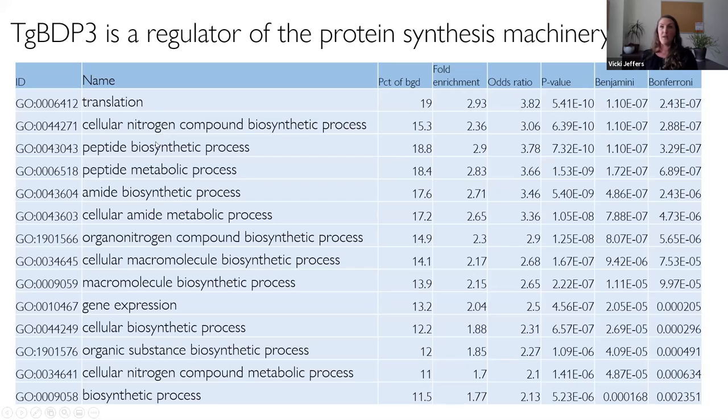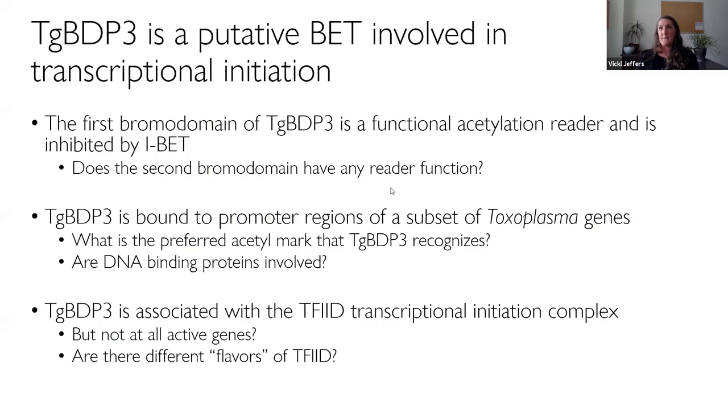But when we did GO analysis of this group of genes, we found really strong enrichment of translational proteins, and in particular ribosomal proteins. So maybe this segues very nicely into the next talk, I'm not sure, but it looks like BDP3 is a regulator of ribosomal proteins amongst some other things as well. And that probably explains why this protein is so essential to the parasite.